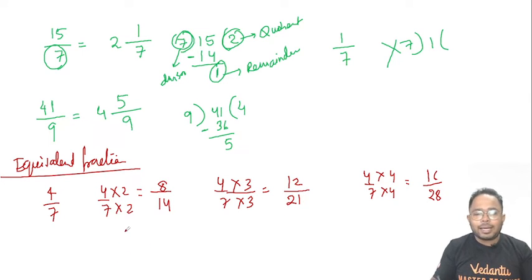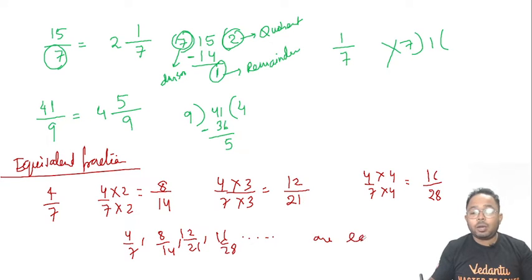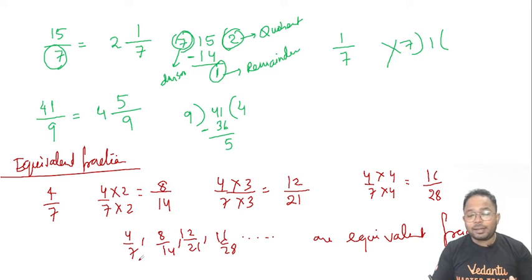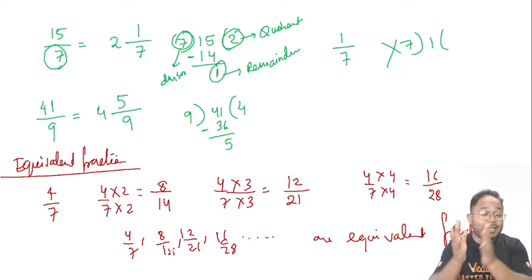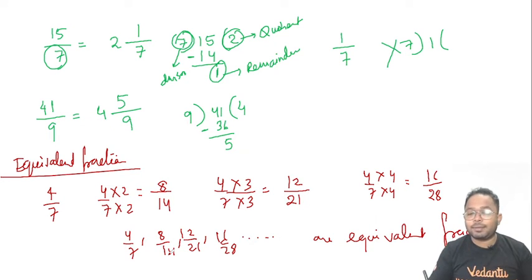So I can say 4/7, 8/14, 12/21, 16/28 and so on are equivalent fractions. क्यों? Because 4/7 and 8/14 both will give the same equivalent fraction.